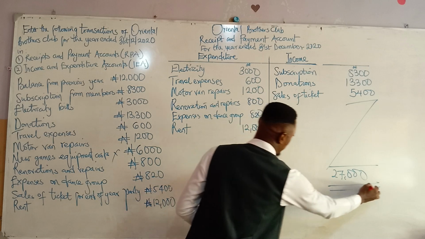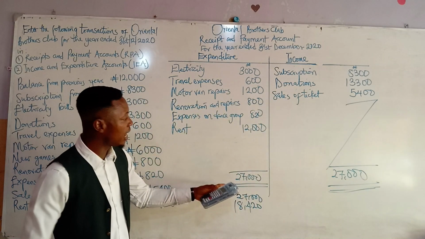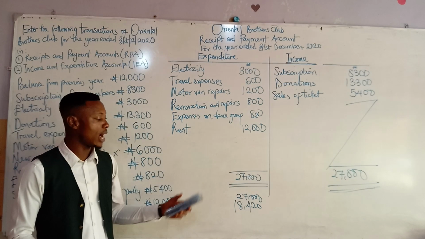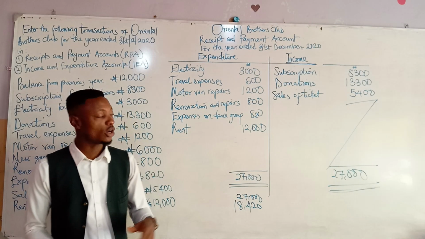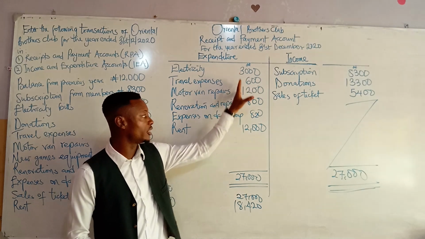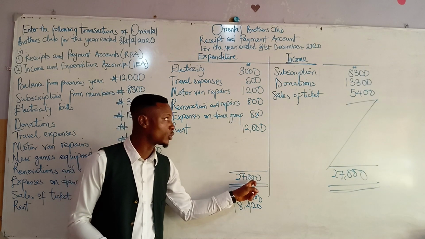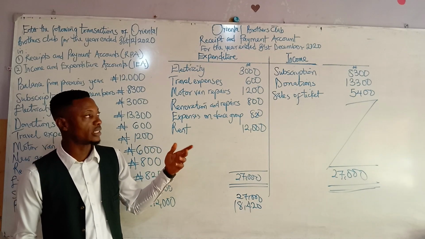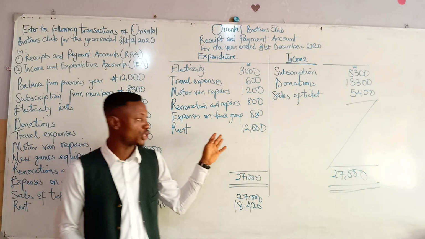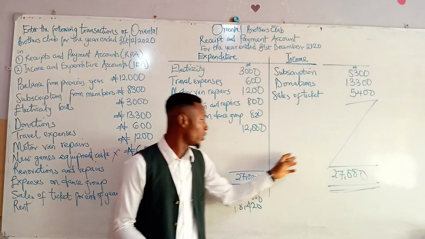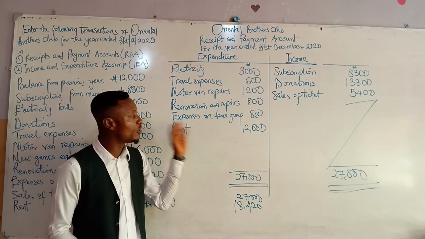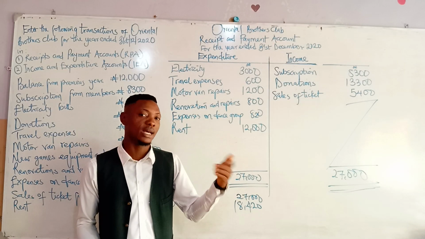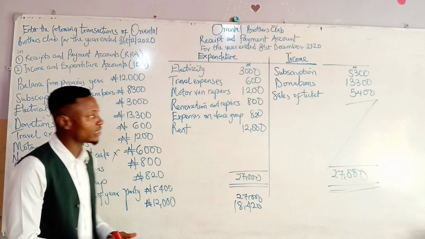Now, our double lines. We have excess income over expenditure. So how do we calculate the excess of our income over expenditure? We subtract the total of our expenses from the total of our income. When there is an income deficit, where we have excess expenditure over income, we close there. But now that we have excess income over expenditure, it means that the club actually generated more revenue than they spent within that accounting term.